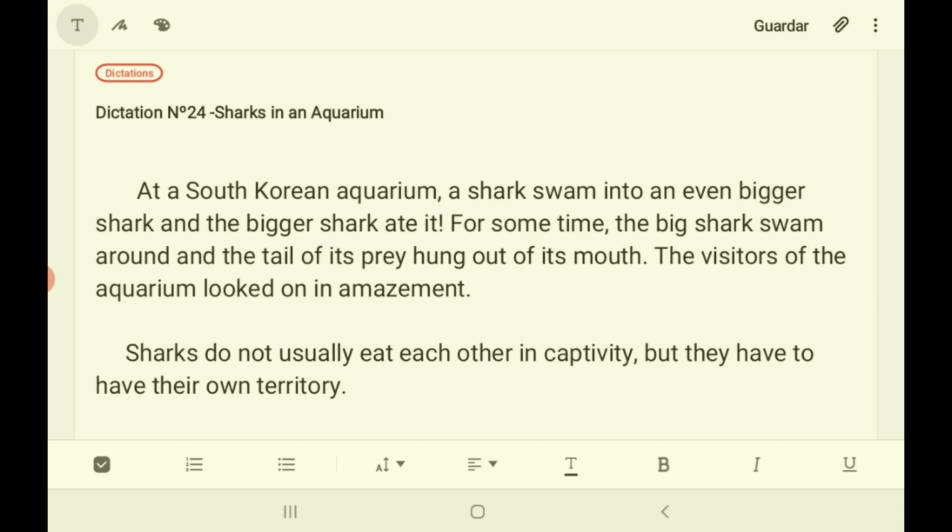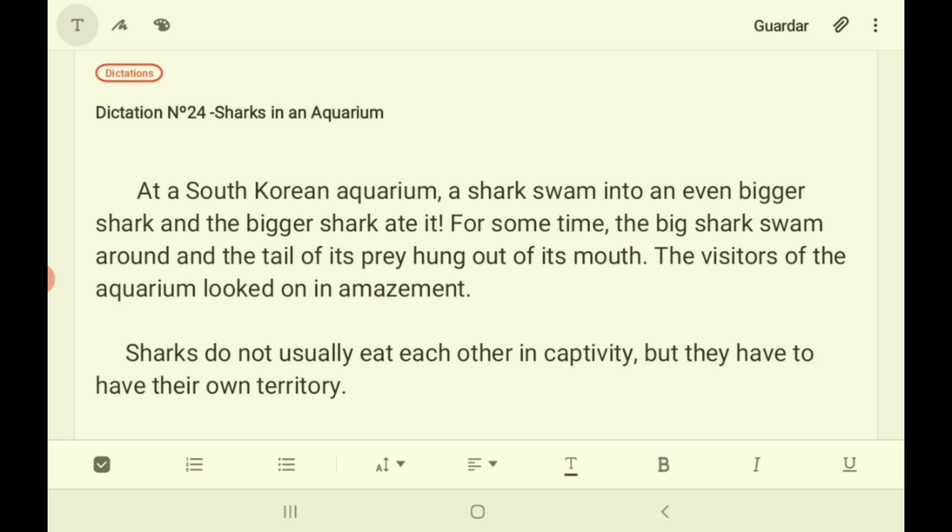For some time, the big shark swam around, and the tail of its prey hung out of its mouth. The visitors of the aquarium looked on in amazement. Sharks do not usually eat each other in captivity, but they have to have their own territory.